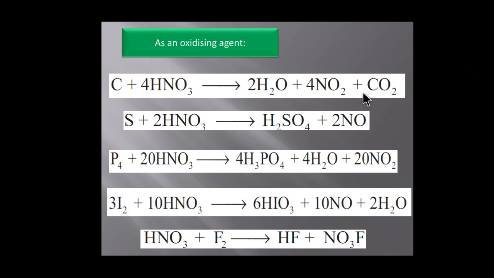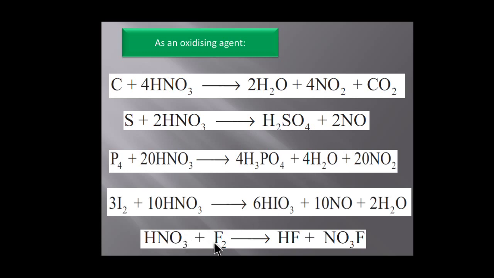Carbon is oxidized to carbon dioxide, and sulfur reacts with nitric acid. Sulfur is oxidized to form sulfuric acid. The phosphorus reacts with nitric acid to form hydrogen phosphate. So here also oxidized. Iodine is also oxidized.